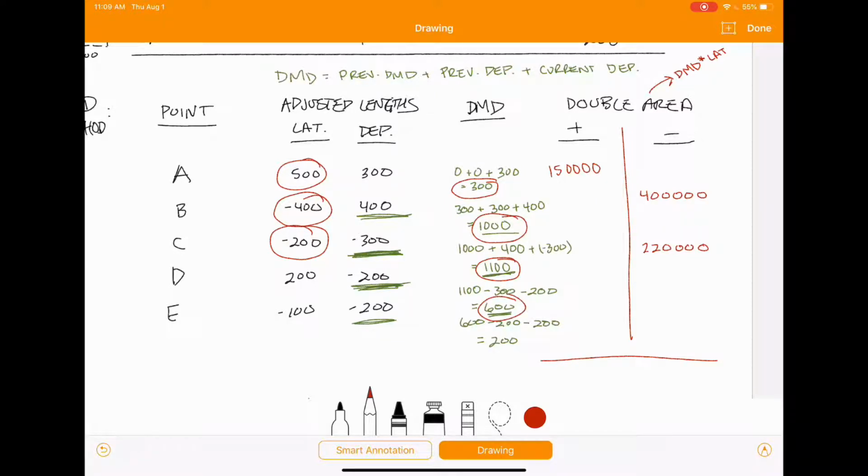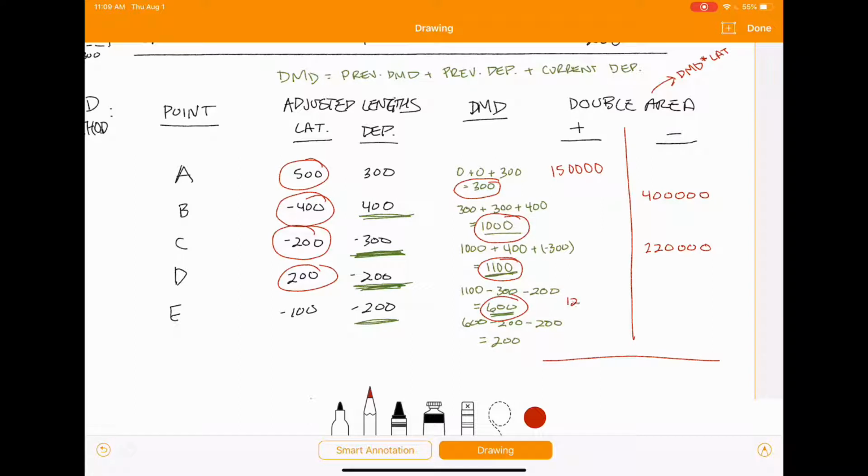And then 600 times 200, which is going to be a positive 12, 1, 2, 3, 4 zeros. And then finally, 200 times negative 100, place it in the negative column. 2 with 4 zeros.